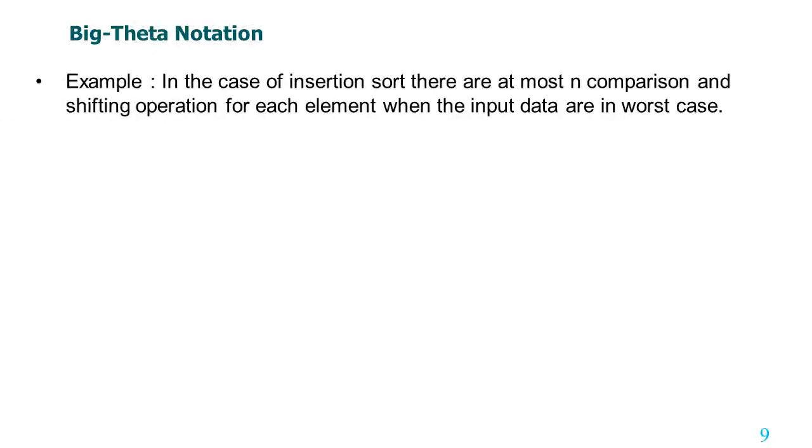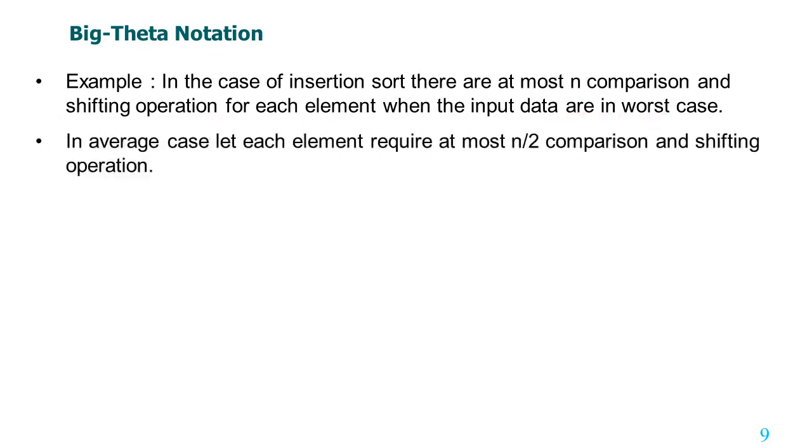We take the example of insertion sort again. In insertion sort, there are at most n comparison and shifting operations for each element when the input data are in the worst case. In the average case, let each element require at most n/2 comparisons. In the best case there are no operations.